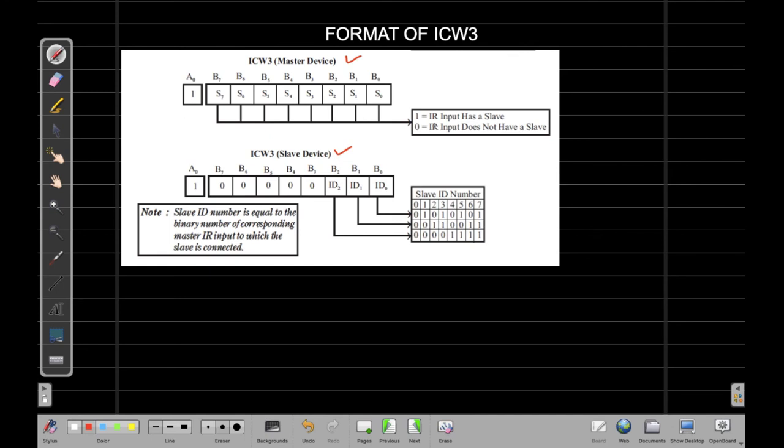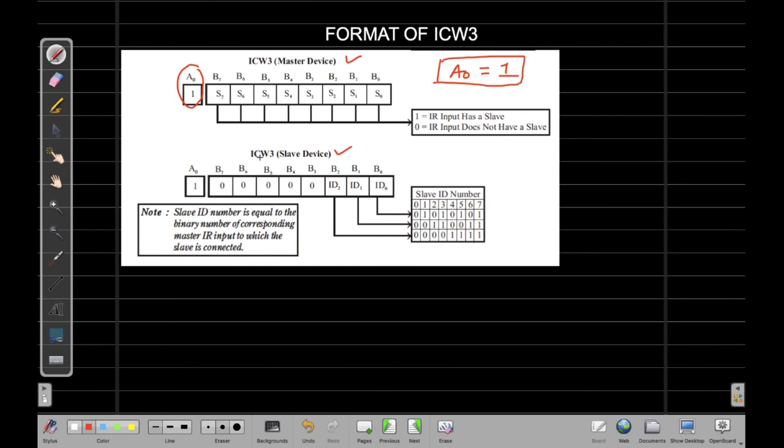If it is 1, it says the IR input has a slave. If the bit is equal to 0, it means that there is no slave device connected to that particular pin. The master device has 8 pins in total, which means I can connect 8 slave devices to this master setup. When I am executing this, I have to write A0 equal to 1. This will be the internal address of 8259.